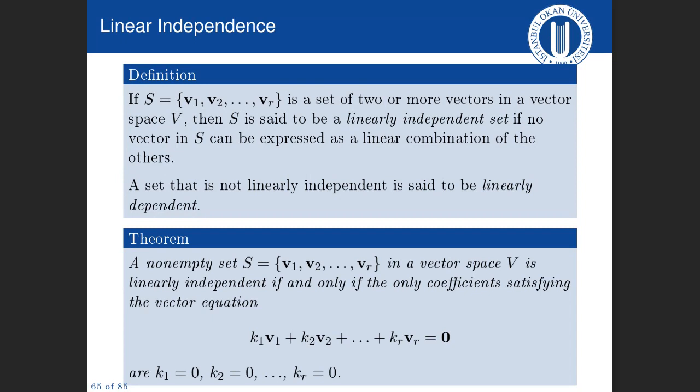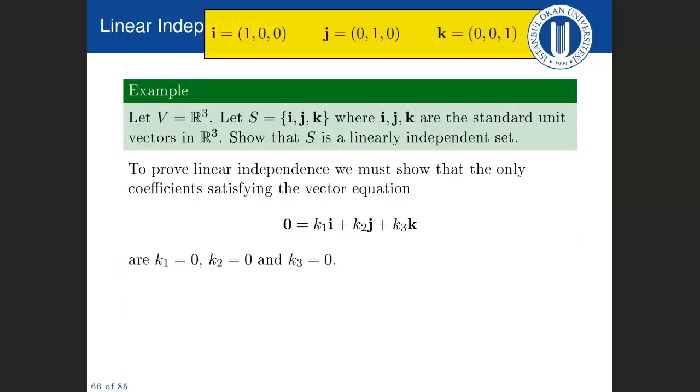Theorem: a non-empty set S in a vector space V is linearly independent if and only if the only coefficients k1 up to kr satisfying this vector equation are k1 is 0, k2 is 0, up to kr is 0. In other words, they're linearly independent if the only solution of this equation is that all of the kj's must be 0. For example, i, j, and k form a linearly independent set in R3.